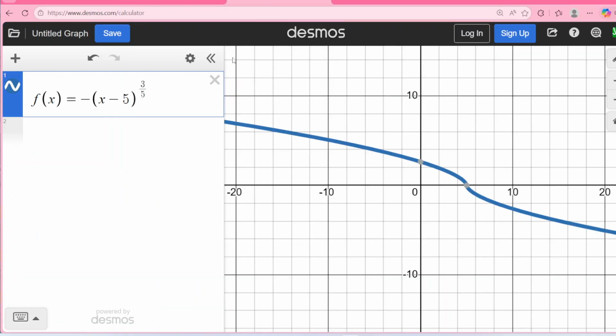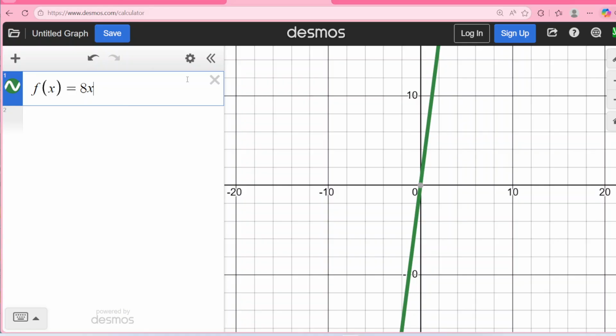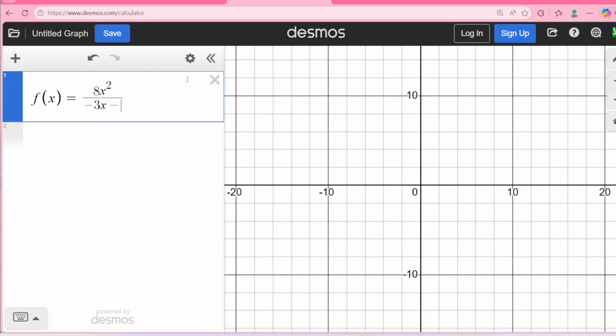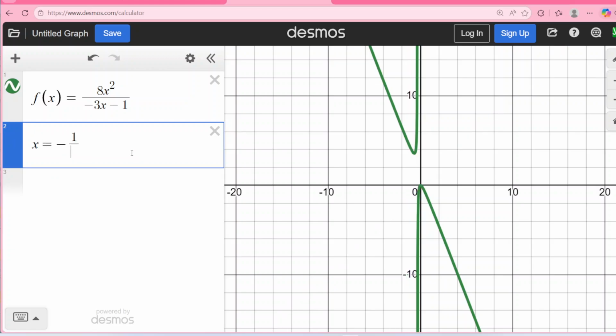So it goes 8x squared over -3x minus 1. All right, so the curve is up forever to the left on the left end and down forever on the right end. With again x equals -1/3 being a vertical asymptote, right? You can't plug that in.